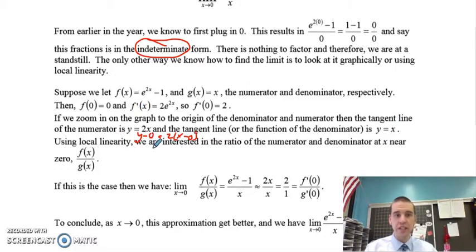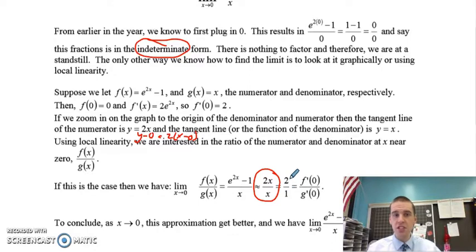So using local linearity, we're interested in the ratio of the numerator and denominator, the ratio of how they're changing, change in y over change in x. And so in this case, the limit as x approaches 0 of that, we can state is approximately 2x over x, and therefore is just 2 over 1.